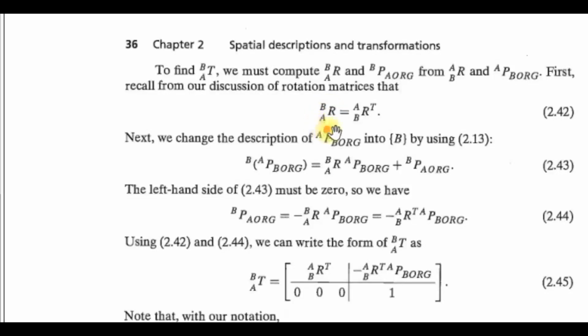Means the representation of A with respect to B is the same as the representation of B with respect to A, and these rotation matrices are transposes of each other. So here the inverse is taken, that's why the expression is correct. So you have to know how it occurred.